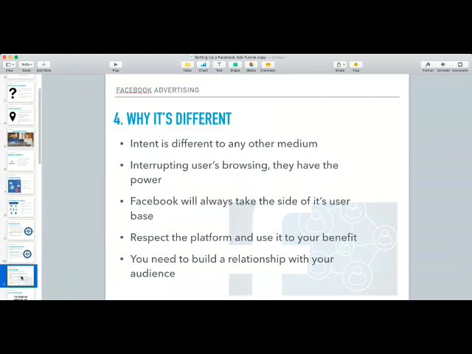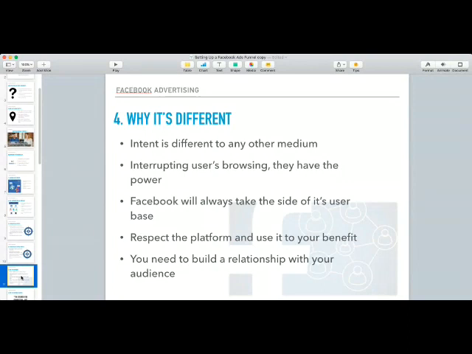So you need to treat that with respect and know that the user is not going to pay much attention to your advert if it isn't relevant to them. They're there to do other behaviors, not to consume your latest sale or promotion. So you need to put yourself into the user's shoes as well. And also, Facebook themselves will always take the side of their user base, because they know that's where their strength lies.